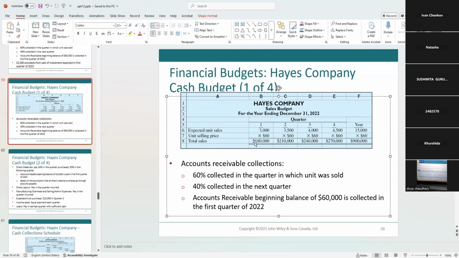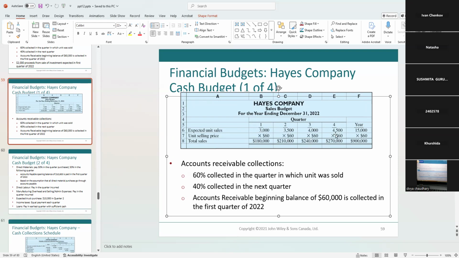Second, what are we going to collect? 60% of the sales. In the second quarter, we're going to collect the 40% receivables from the first quarter plus the 60% of the current quarter. Third quarter, what are we going to collect? 40% of the previous quarter plus the 60% of the current quarter.